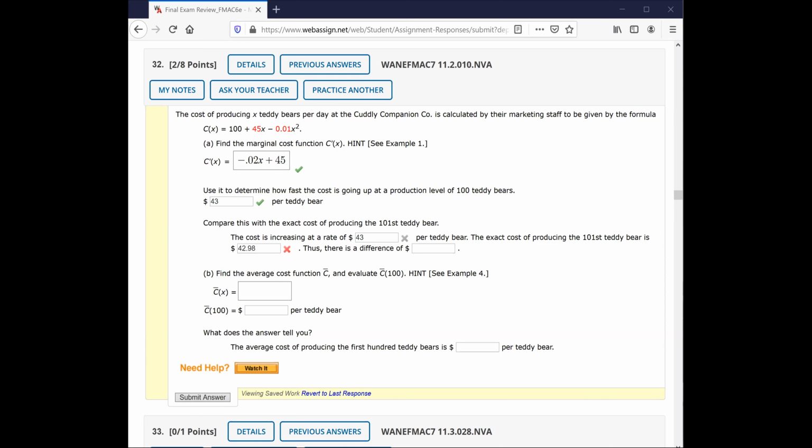Okay, I don't know if that's correct, but we're going to go with it. Thus, there's a difference of, hmm, I think it's 42.99. Let me check those.